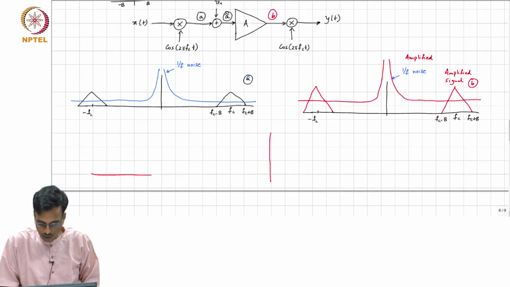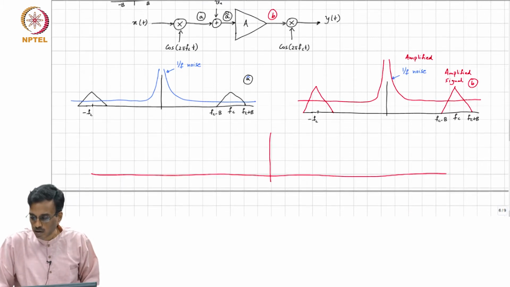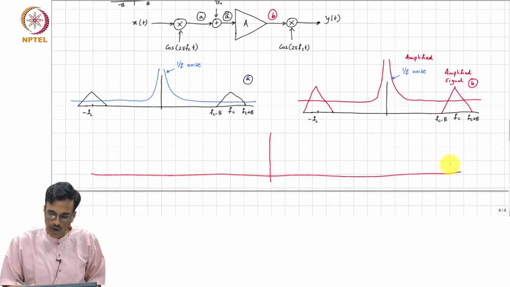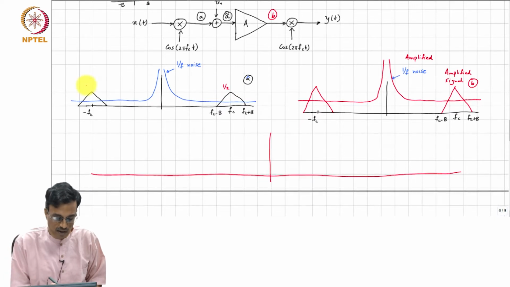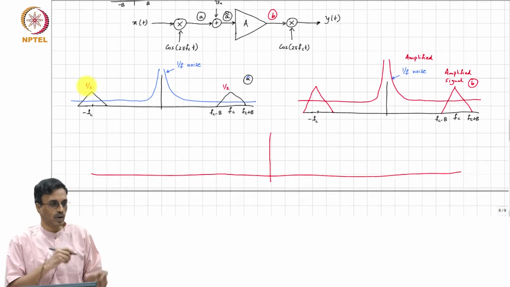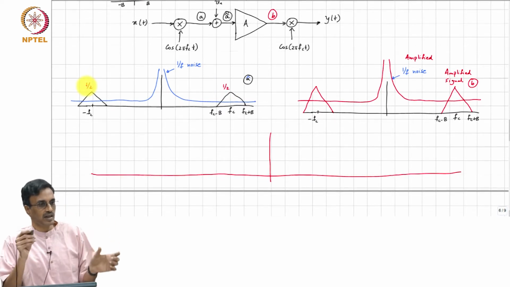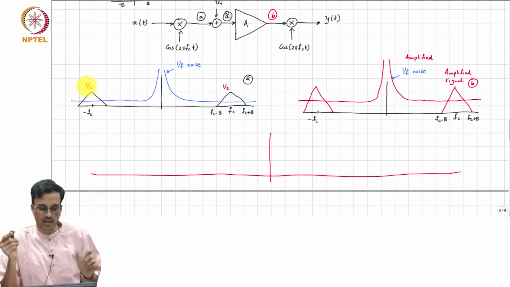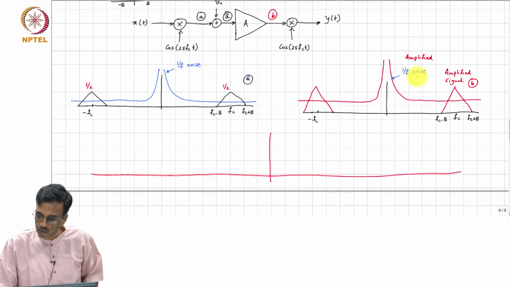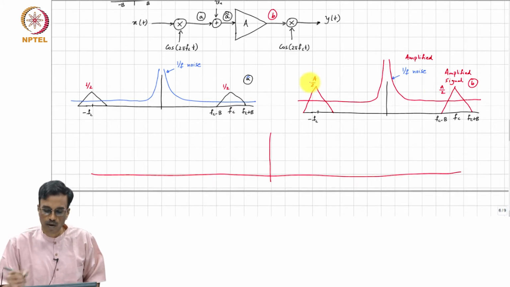And by the way, if this was x of f, the amplitude of this is half and this is also half, and that is because cos is 1/2 of e to the j 2 pi f c. So, this will be A by 2, is A by 2, correct.